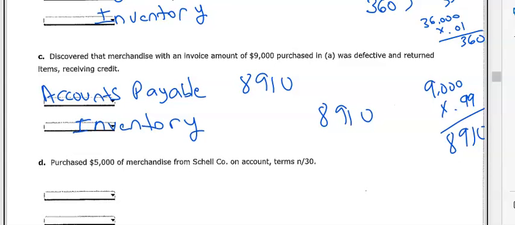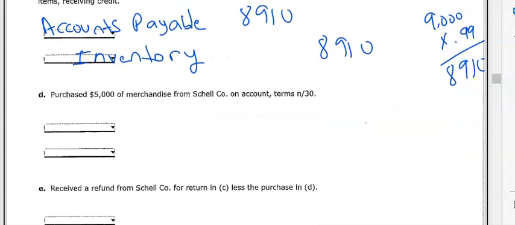So at this point, because I was already completely paid off, my accounts payable actually has a debit balance, which is negative. That just means I'm overpaid. They actually owe me money at this point. That's okay.